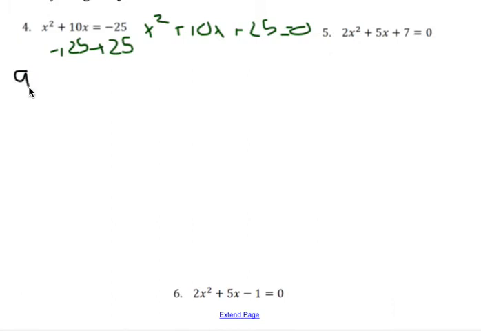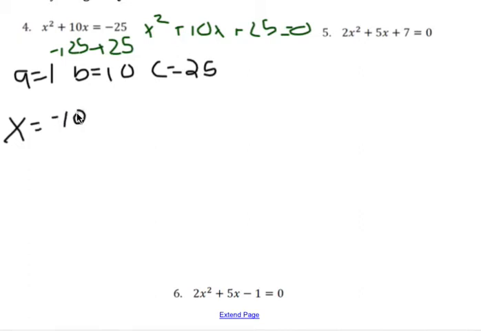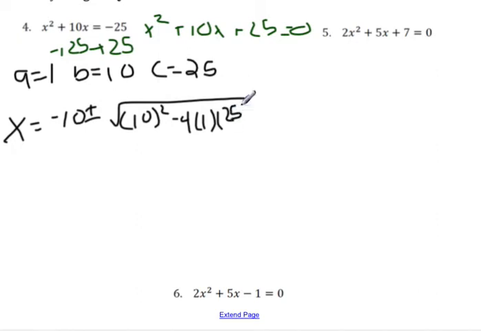My a is going to be equal to 1, my b is equal to 10, and my c is equal to 25. Let's go ahead and put that into the quadratic formula. I get opposite of b plus or minus the square root of b squared minus 4 times a times c, all of that over 2 times a.